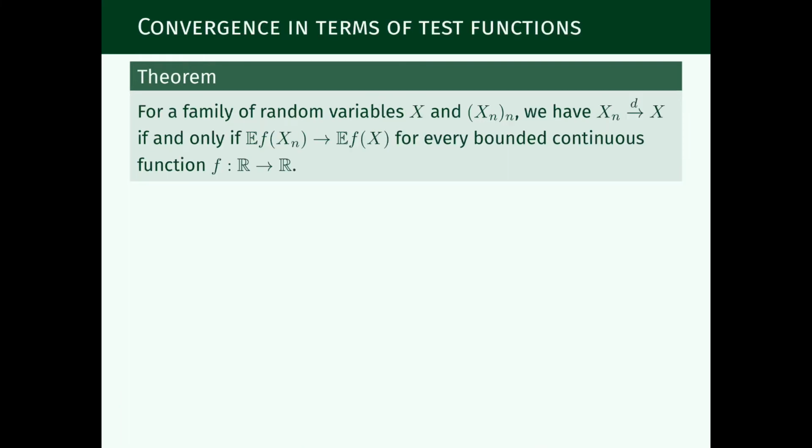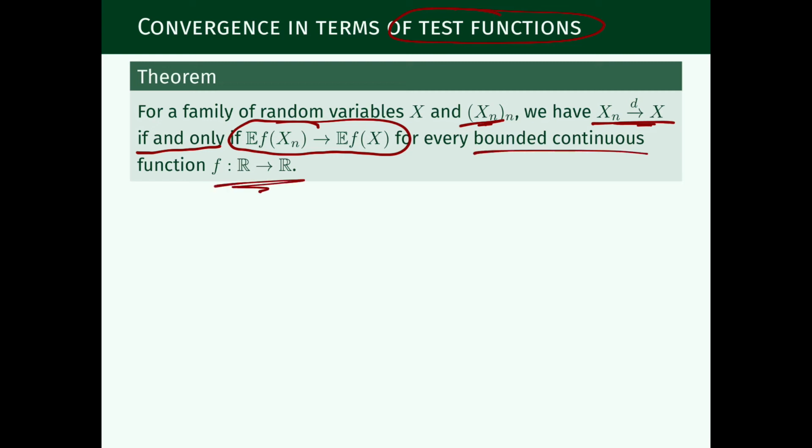And finally, this may be more convenient on many occasions, and this is the more proper definition of what it means for distributions to converge: using test functions. It's a theorem, because we have already defined what it means to converge in distribution. The theorem says, if and only if, it is equivalent to having the expectation E[f(Xn)] converge for every function f which is bounded and continuous.